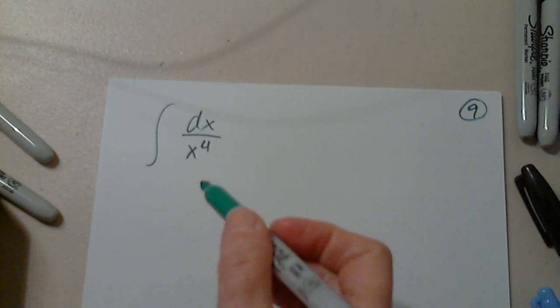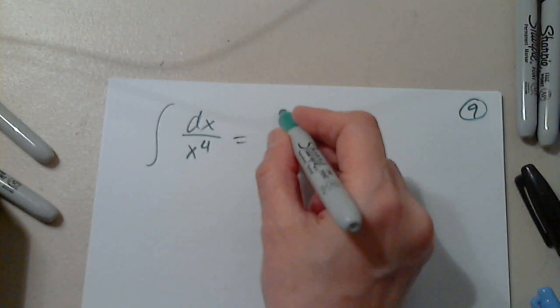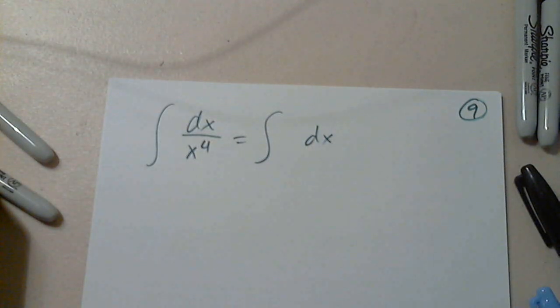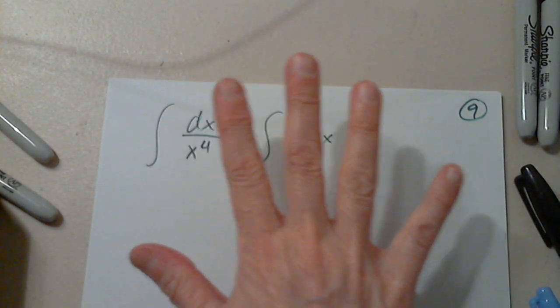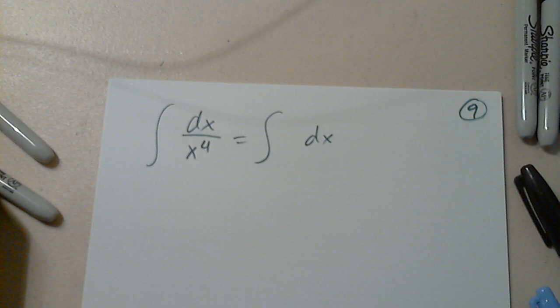Good. I refuse to work with this, but I like to work with this. Change this function into something that I can work with. How do we write 1 over x to the fourth in a different way?